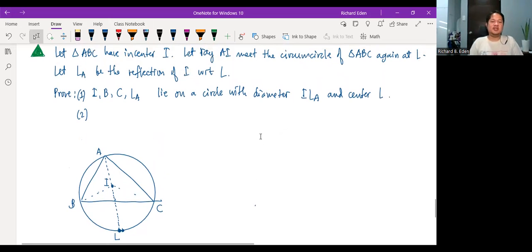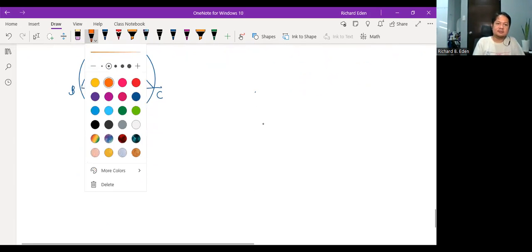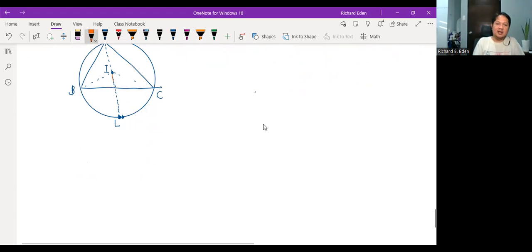So ABC, incenter I. Let the ray AI meet the circumcircle of ABC again at L, and then let L sub A be the reflection of I with respect to L. So ibig sabihin, itong length ng IL, dodoblehin natin, or i-copy over here to the other side. L is the midpoint, and then the result is going to be L sub A.